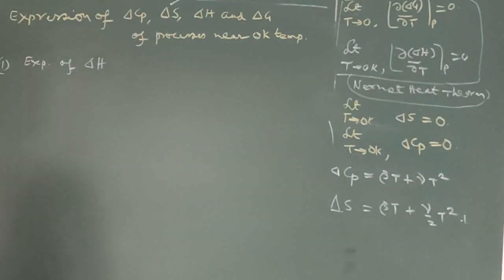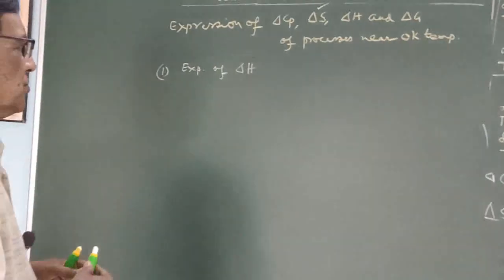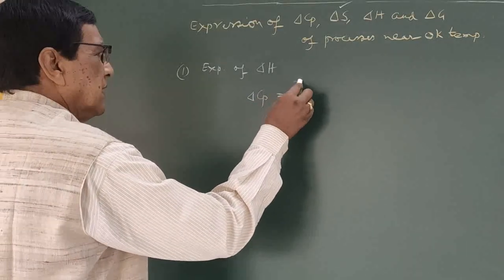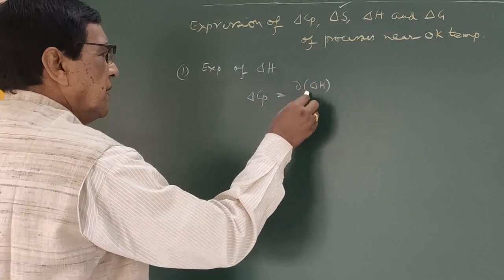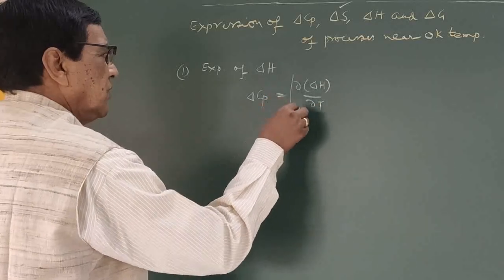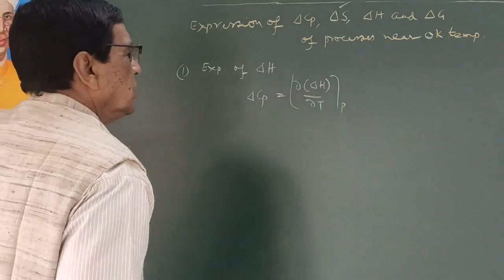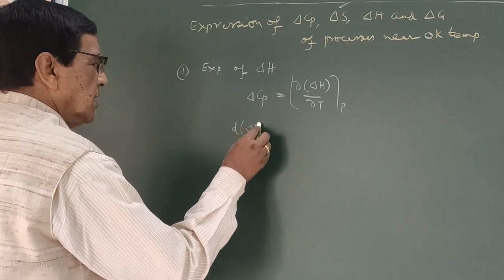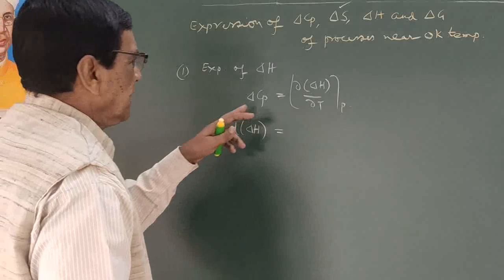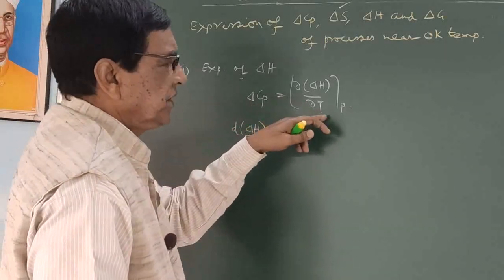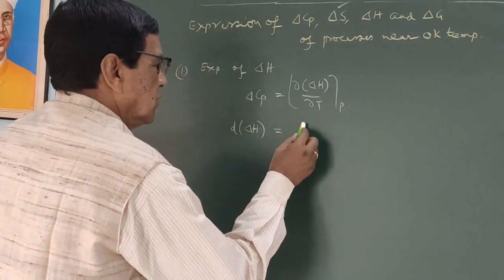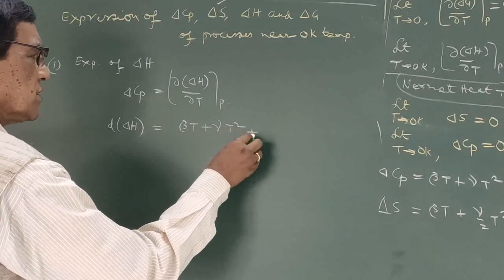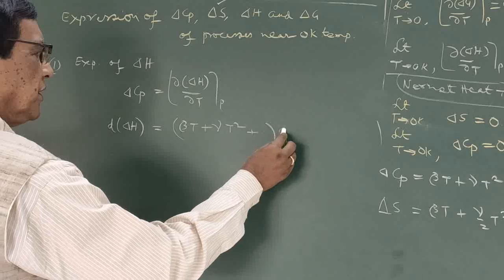In case of delta H, we know del Cp equal to del H by del T at constant pressure. So del H equal to delta Cp into dT, and delta Cp equal to this value, so beta T plus gamma T square plus dot into dT.